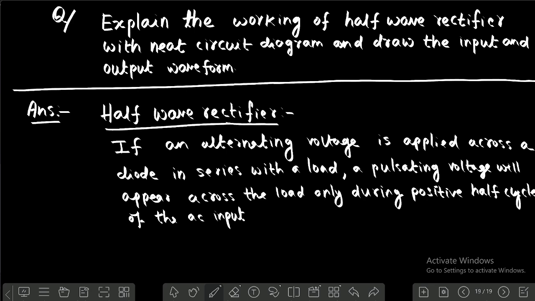Why does it appear only in the positive half cycle? Because in that time the diode is forward biased. The half cycle of the AC input during which the diode is forward biased.